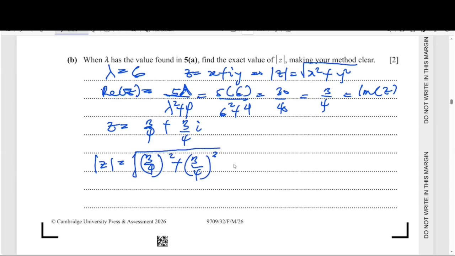So then we have the square root of 9 over 16 plus 9 over 16, that's 18 over 16 right here. And then the root of 18 is 3 root 2, and the root of 16 is 4. So that is the modulus of z.